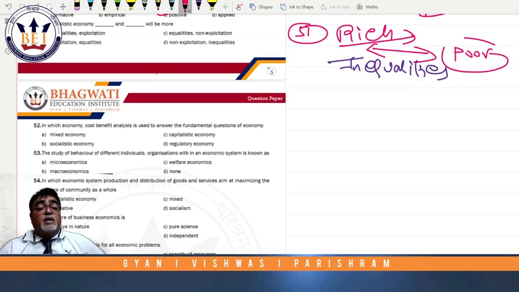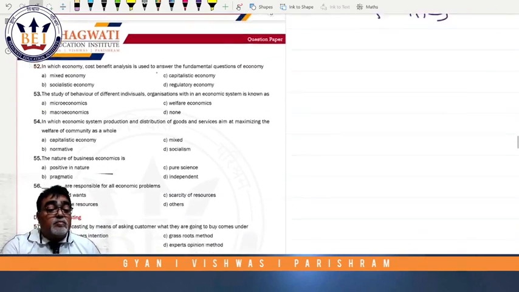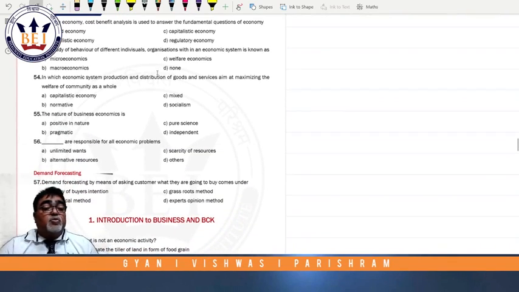So the answer to 51 is the option. 52. In which economic system is cost benefit analysis used to answer the fundamental questions of the economy? Cost benefit analysis is possible when it is a combination of capitalist and socialist. So my answer should be the option.